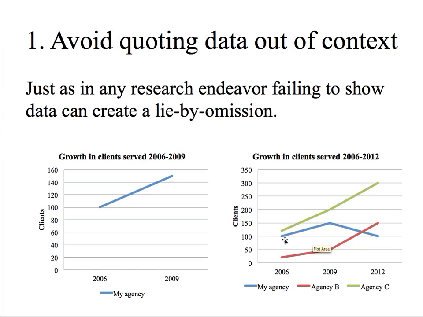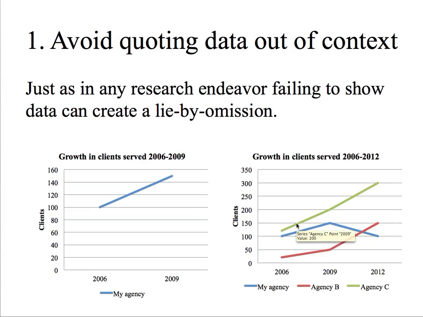So from 2006 to 2012 we have actually no growth at all. We have a decline from 2009 to 2012, and the other agencies are showing constant increase in their numbers, right? Now, this is lying by omission, right?